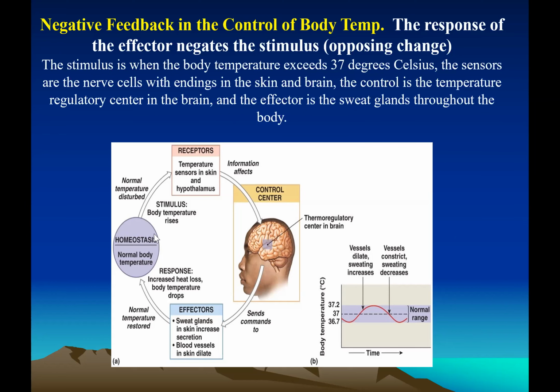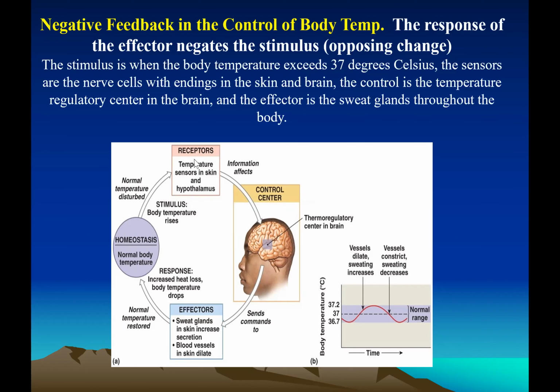So here in this picture, this is normal body temperature, but for some reason, maybe you get a fever or you are infected, and the body temperature rises. There are a lot of temperature receptors in your skin and also the hypothalamus in your brain. These receptors are going to pick up the signal that something is not right. Your body is hot.